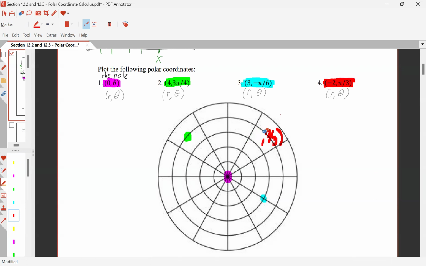I am on the wrong circle. I'm on the third circle. The second circle is here. This would be 2 comma pi over 3. Negative 2 means we're going to, instead of going that positive 2 distance away from the origin, we're going to go backwards and go negative 2. So there is the point, negative 2 comma pi over 3.